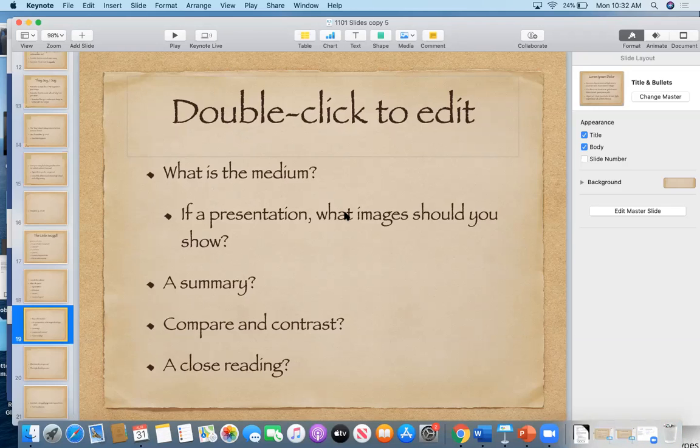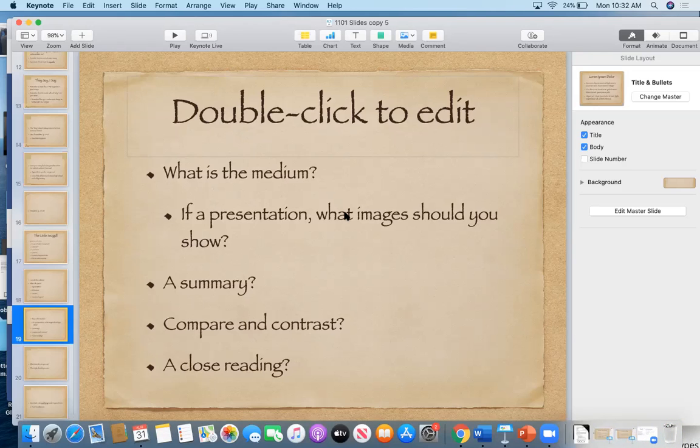When he makes a pitch to somebody or introduces this to the audience, he has to do a presentation. So what images or videos or graphs should you show? That's something you have to do sometimes in the industry: make a presentation.